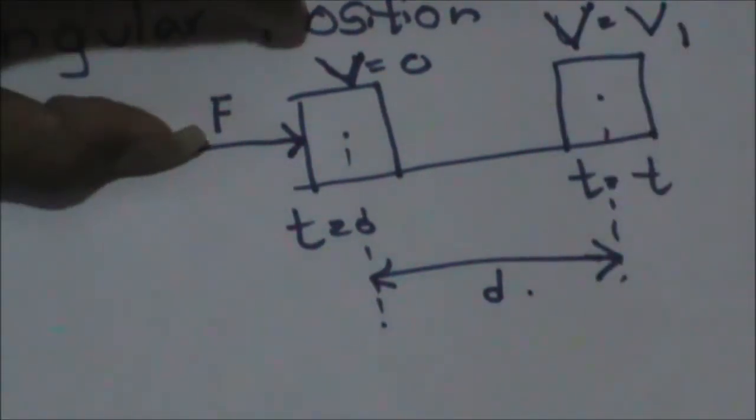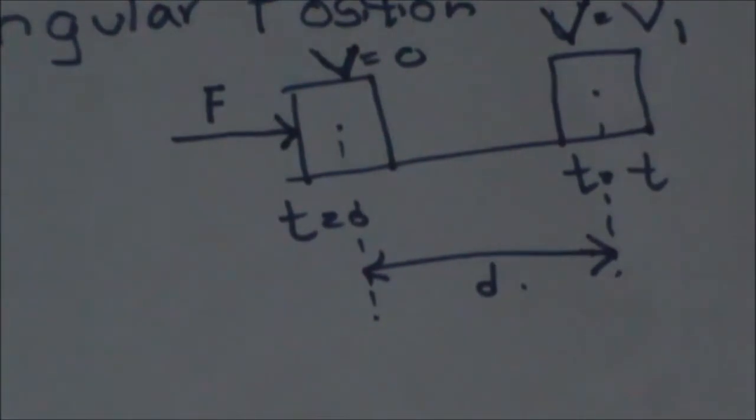Here v equals, let's say, something like v1. So what I actually did is the translation of this object.